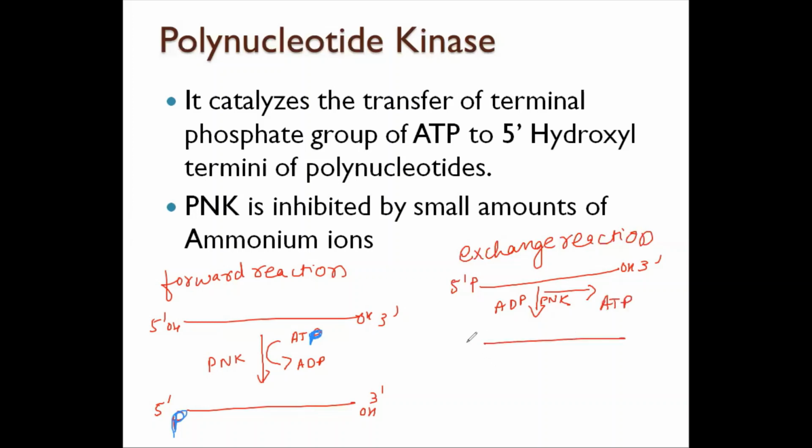So now this has been done. As you can see here, it has transferred it. Here you have ATP, and it leaves behind a dephosphorylated target. As you can see, it is dephosphorylated now.